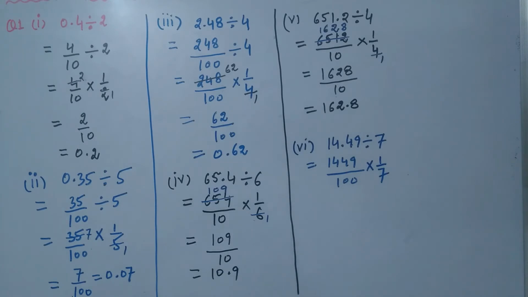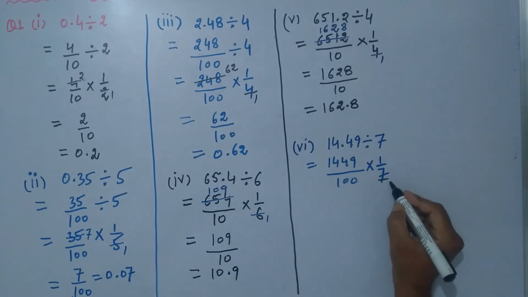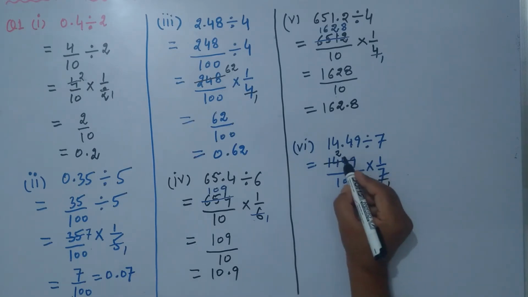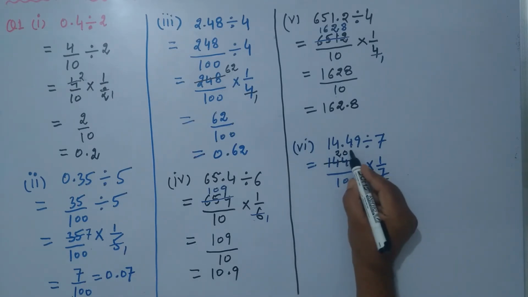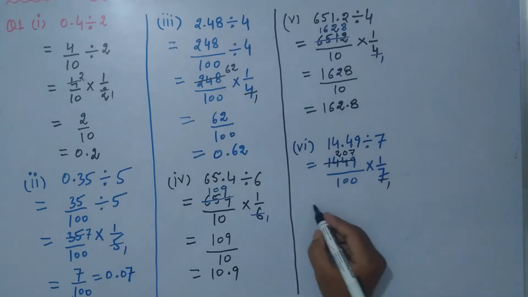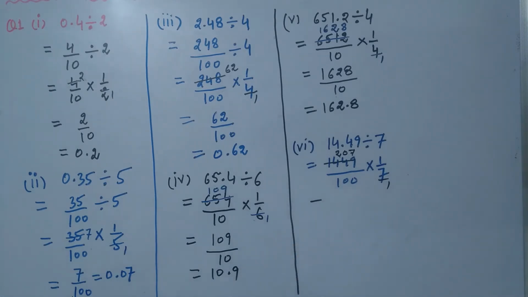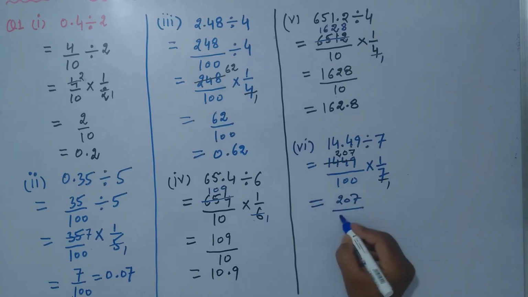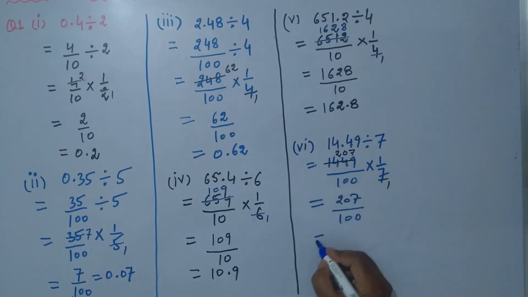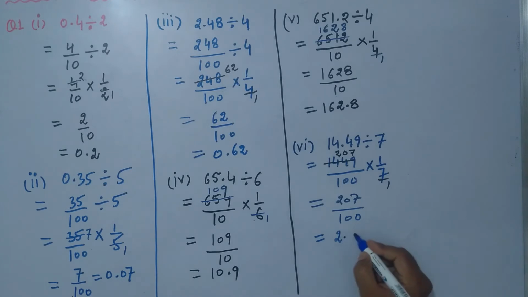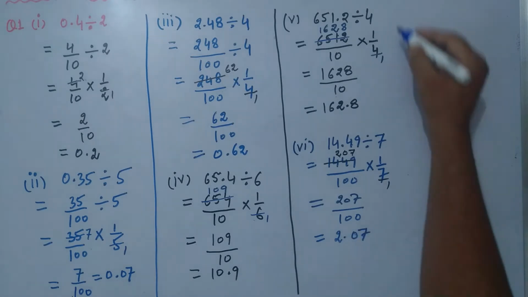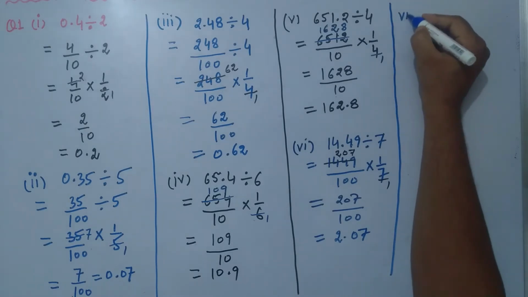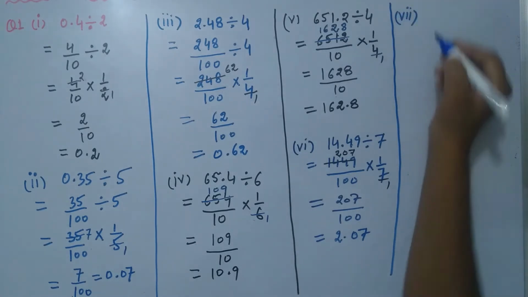So now cancellation, 7 ones are 7, 7 twos are 14, 0, 7 sevens are 49. That means 207 divide 100. This is equal to 2.07.